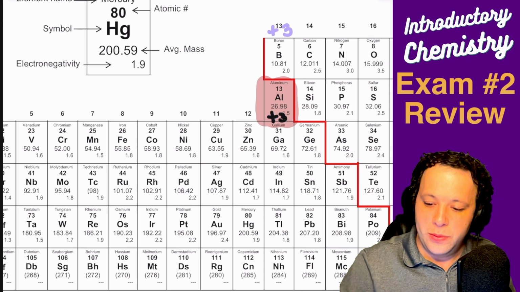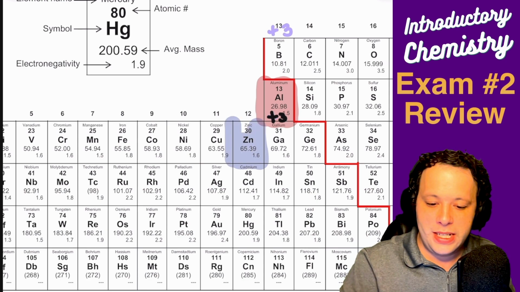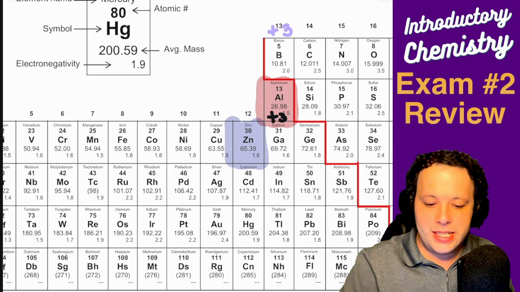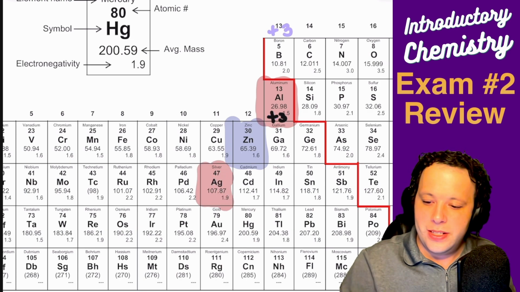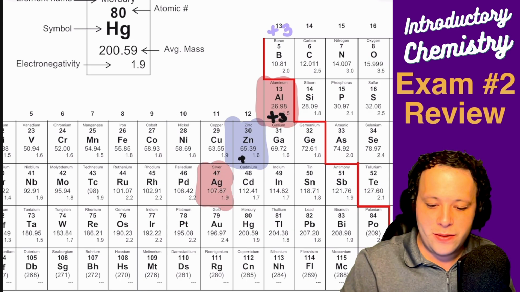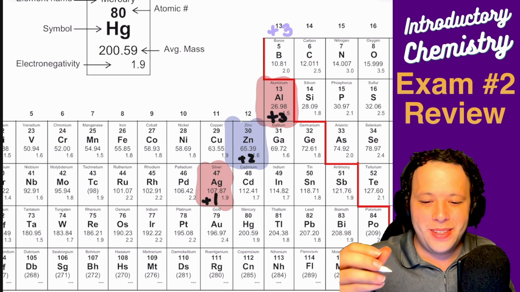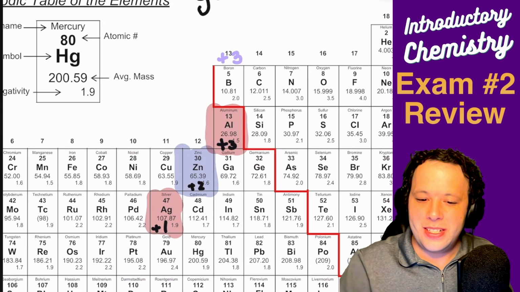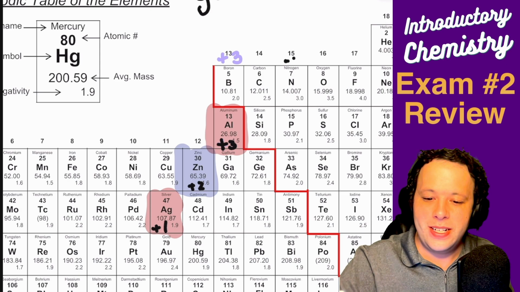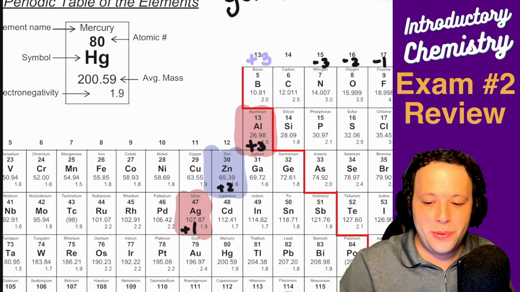So we have aluminum, then zinc, and then our next step is silver. So this is going to be +3, +2, and +1. Then when we're looking at the anions, nitrogen is -3, oxygen is -2, and fluorine is -1.